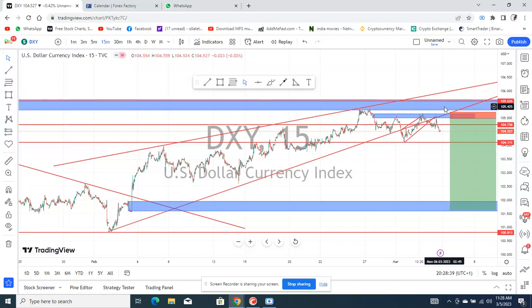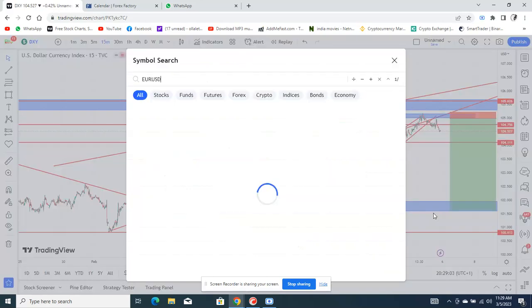Then we can say that the US dollar is very, very strong. But now I can see that the US dollar is currently weak, and is going to weaken from 105 down to around 102 or 100.813.